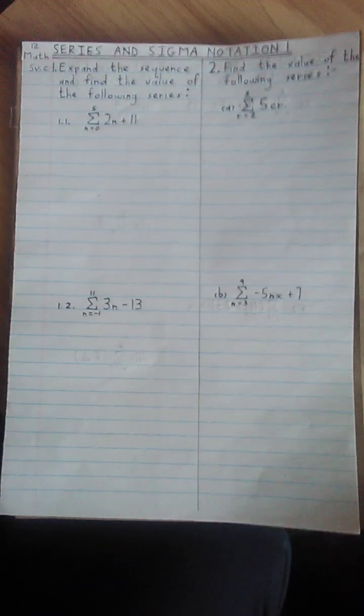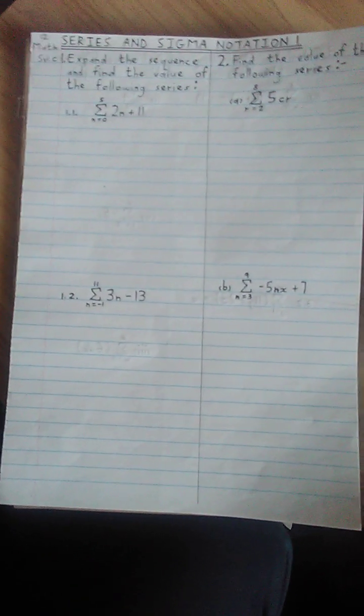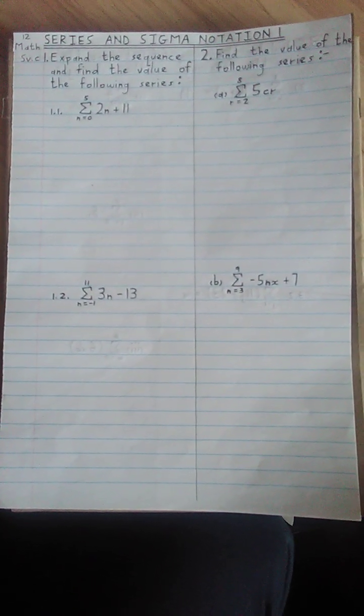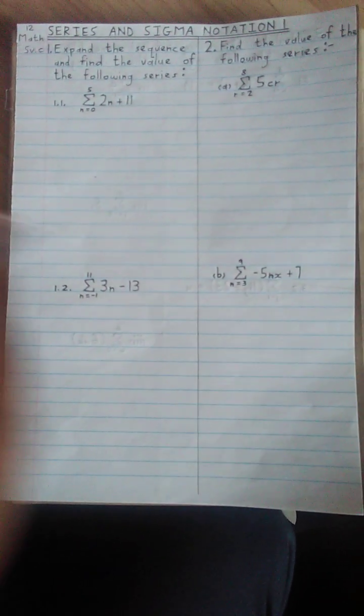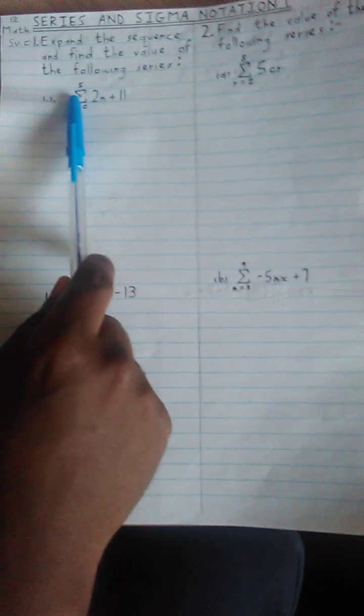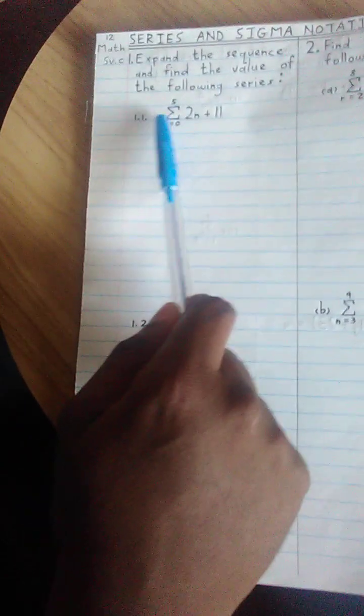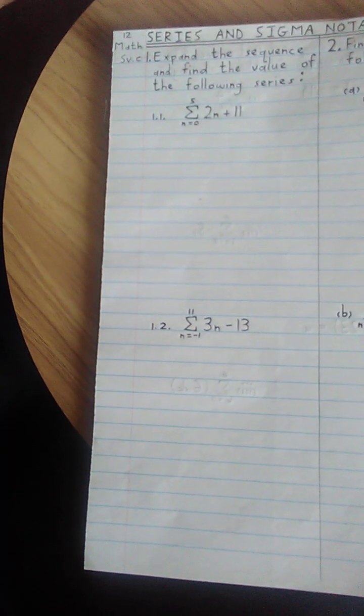So the first part states, expand the sequence and find the value of the following series. So we have the summation of 2n plus 11 from n is equal to 0 to n is equal to 5, right? So first we expand.